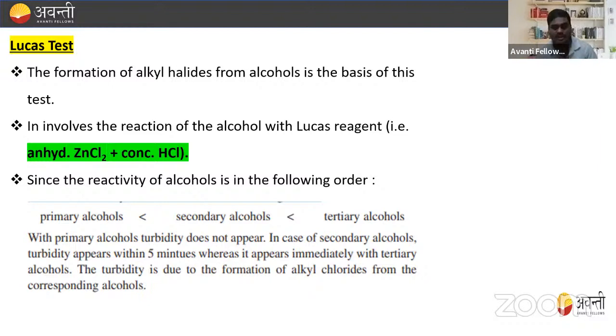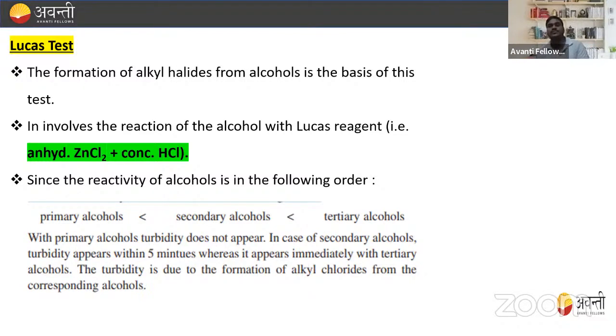With secondary alcohol, turbidity appears after 5 minutes, whereas it appears immediately with tertiary alcohol. This turbidity is due to the formation of alkyl chloride from the corresponding alcohol.